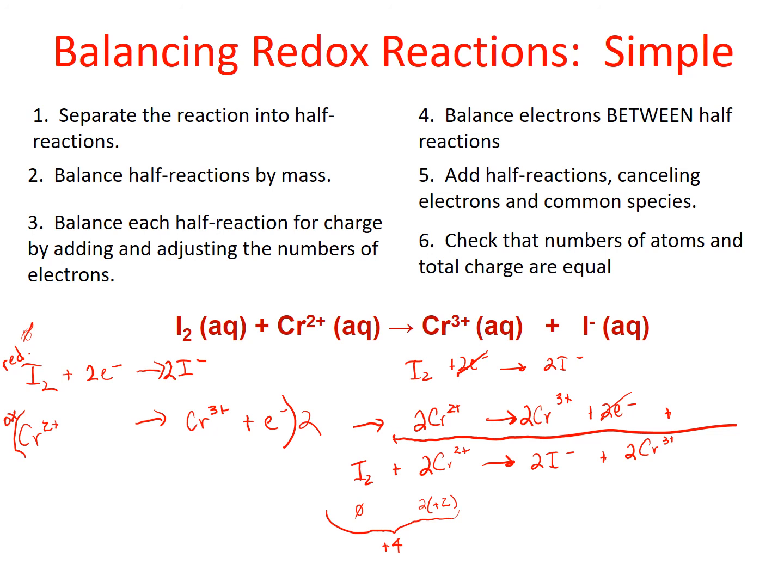On the product side, I've got 2 iodide, each with a -1 charge, plus I've got 2 chromium, each with a +3 charge. So -2 plus +6, that combines together to give me a total charge on the right-hand side of +4. And this is balanced in terms of both mass and charge.